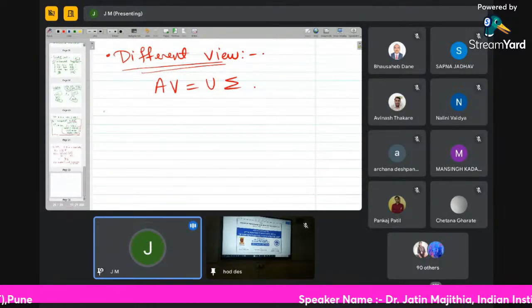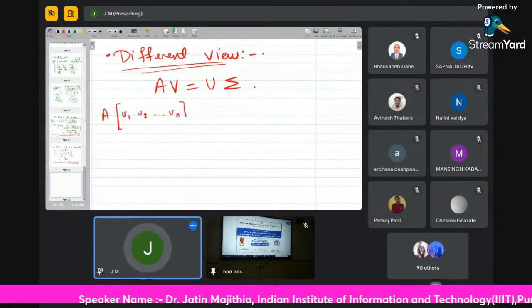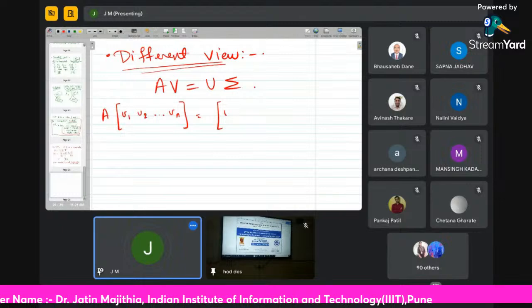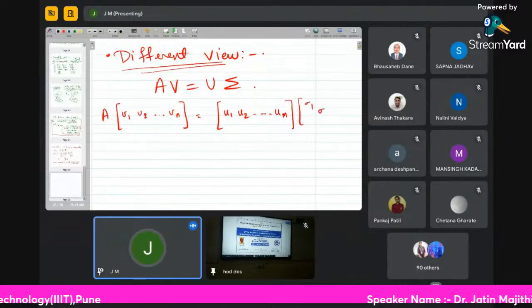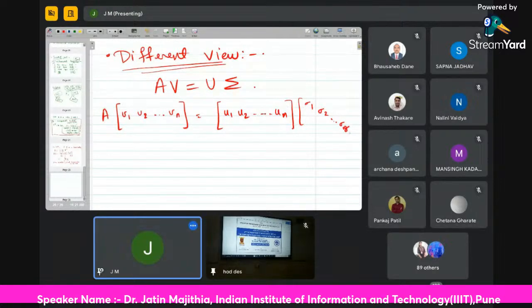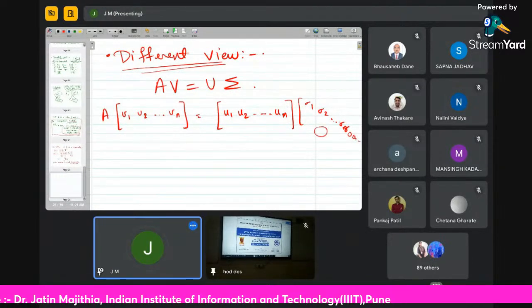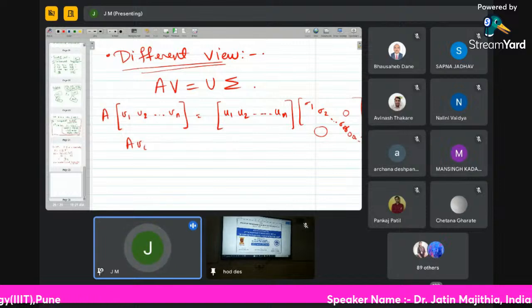That means A times V1, V2 up to Vn is U1, U2 up to Um times sigma 1, sigma 2, up to sigma r, where r is the rank, and the rest will be 0. Then what we're getting is A Vi is sigma i Ui.